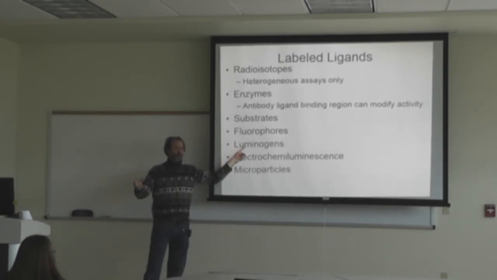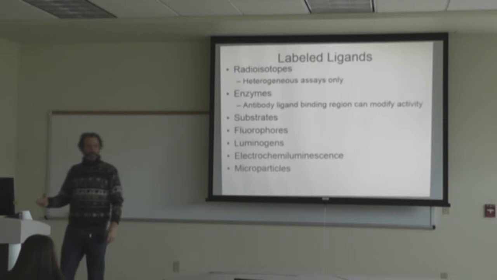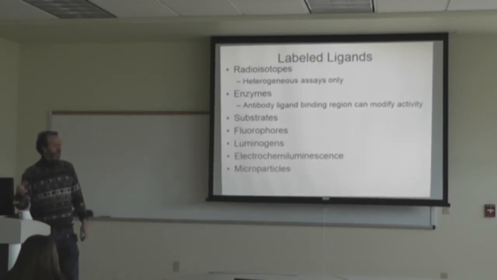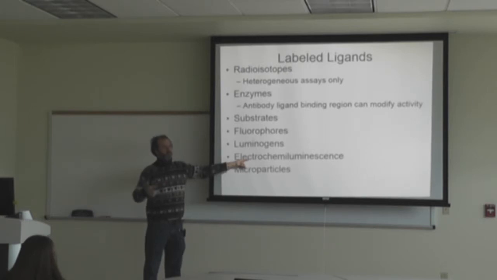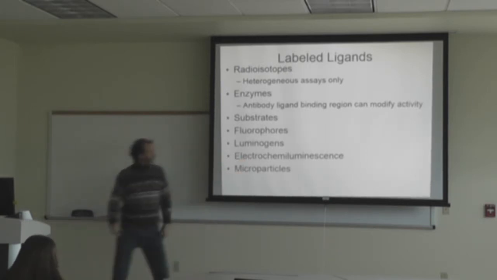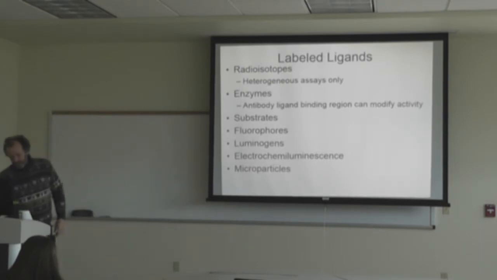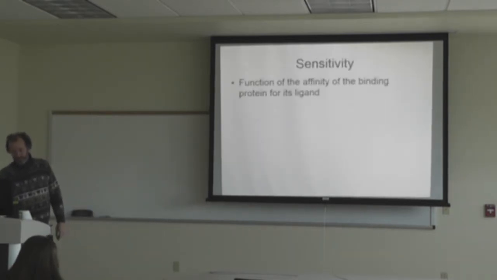Do you guys understand that? Luminogen, generating light. Electrochemoluminescence are highly sensitive also. You generate light once you put an electrical charge to get an electrical reaction or a redox reaction to go forth. Microparticles might be not as sensitive either.